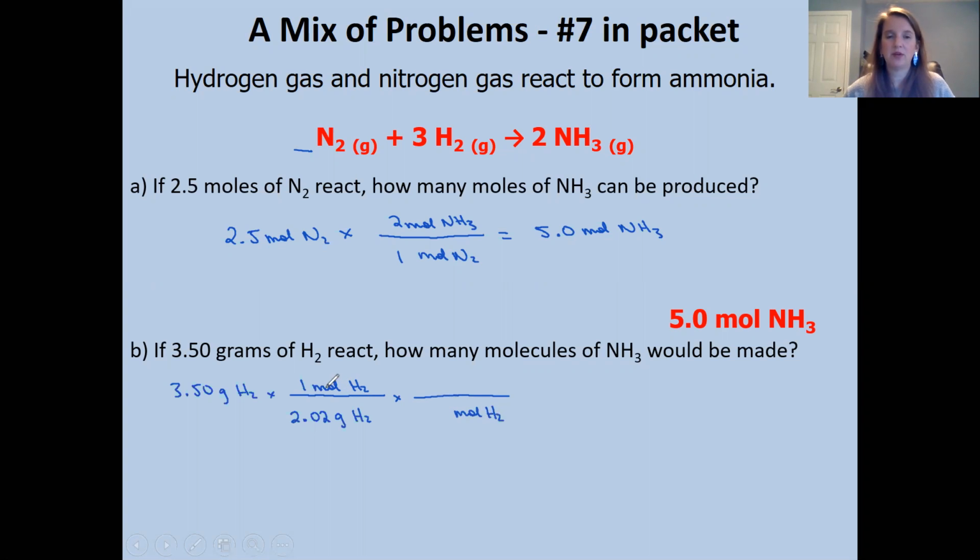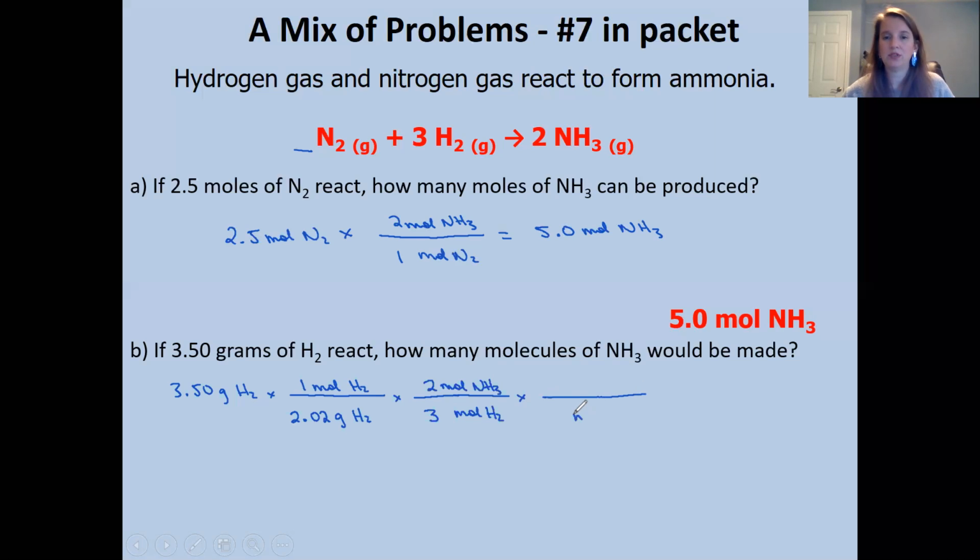Now, since I'm going from moles on the top to moles on the bottom, and I need to switch from hydrogen to ammonia, I'm going to use the coefficients from my balanced equation. So I have 3 moles of hydrogen producing 2 moles of ammonia. I'm not done setting up my problem because I'm looking for molecules, so I have to keep going.